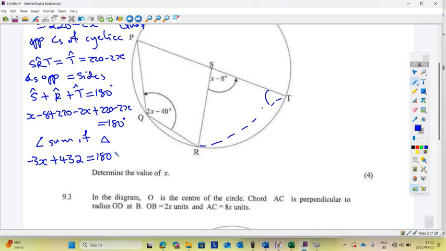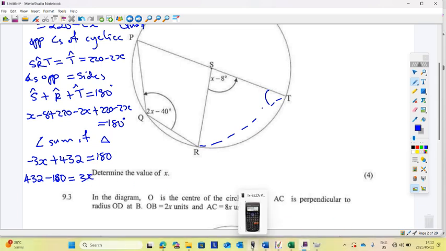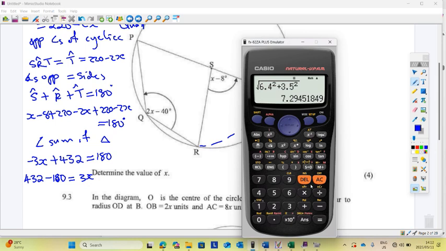You can take your 3x to the right, and your 180 to the left. So we have 432 minus 180 equal to 3x. 432 minus 180 is 252, and then we divide both sides by 3.